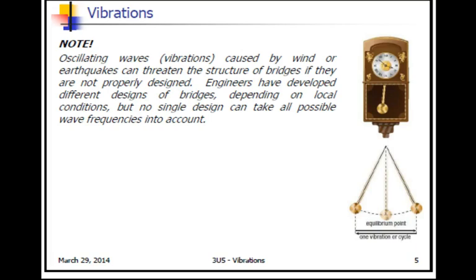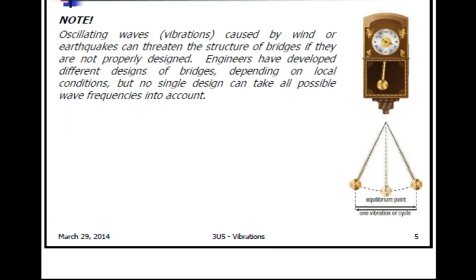In some cases, you might have a bridge that needs to counteract high winds. In other cases, you'll have a bridge that is designed for a lot of vibration from the mechanical vibration of cars or large trucks driving on top of it. So these are things that have to be considered.